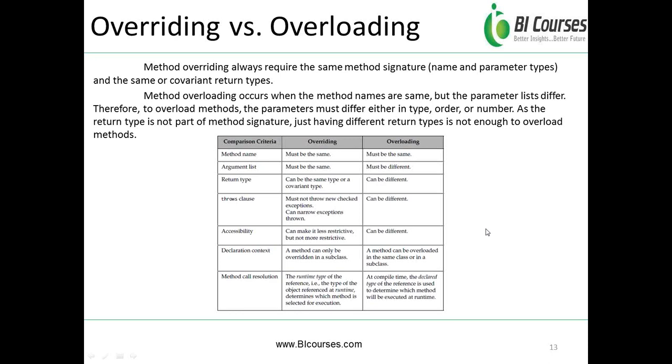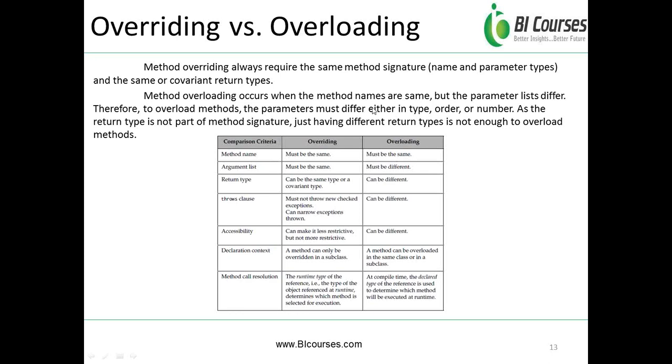So this is the chart which we discussed. Whatever code we have written, that is what we have mentioned here in the slide. So the method name must be the same in overloading. What does overloading mean?